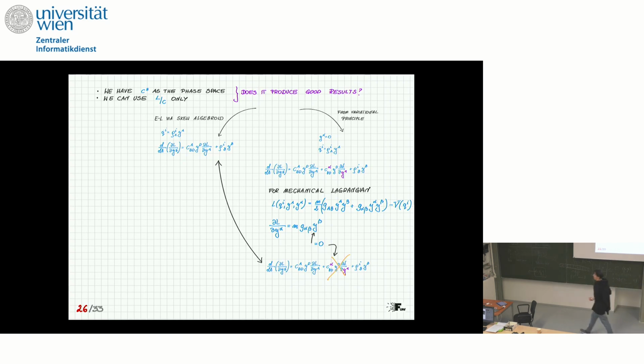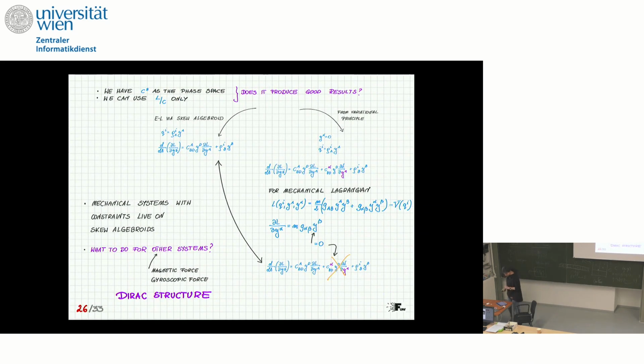So then there is a need to generalize still a little more to include magnetic force and gyroscopic force. Then if we want to produce phase equations, of course, the variational principle still works.